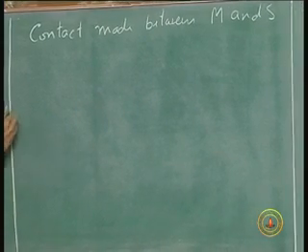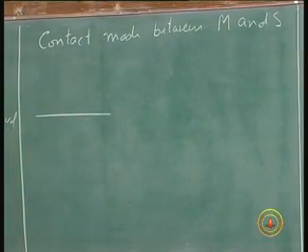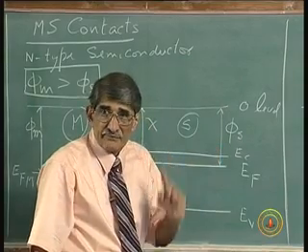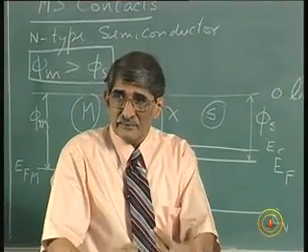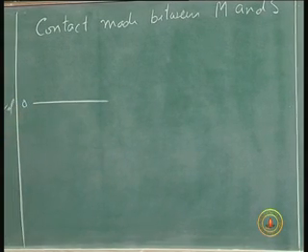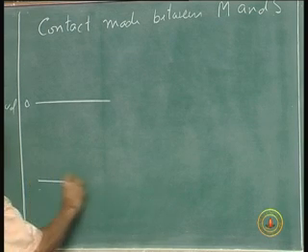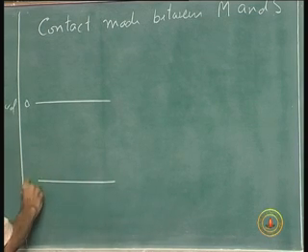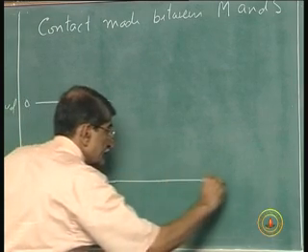So, on the left hand side, I will draw this position corresponding to the same 0 level. I am not changing anything on the left hand side, because nothing happens there; the electrons that you put are small in number. So, that is the 0 level, and this position also is the same, EFM becomes equal to EF. So, what I do is I draw this continuously.